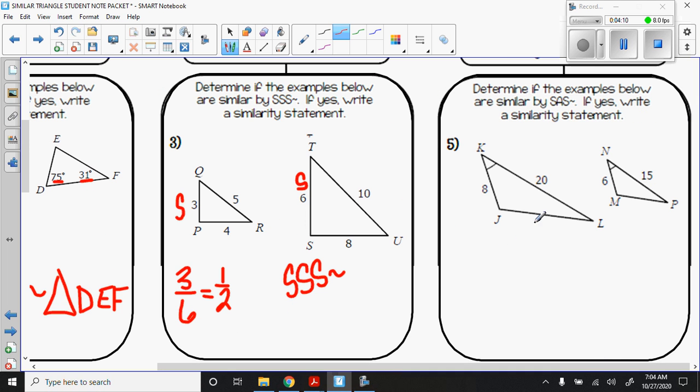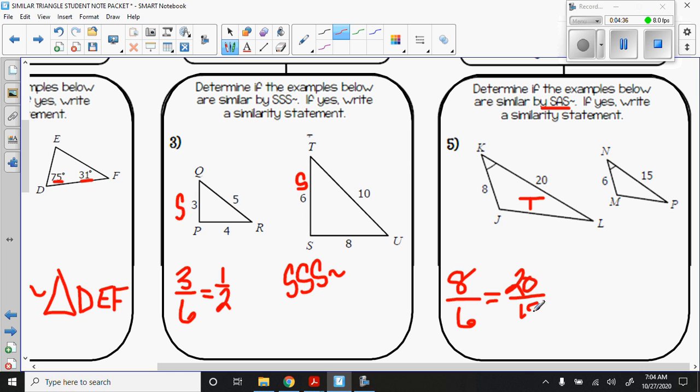All right, so let's check for side angle side. Since this gives me a side angle side, remember, we only check for side angle side. So how you do that, you would take the smaller side and put it on top of the smaller side. I'm going to make this the top of my fractions. So I would put 8/6. And then I'm going to test to see if it's equal to 20/15.